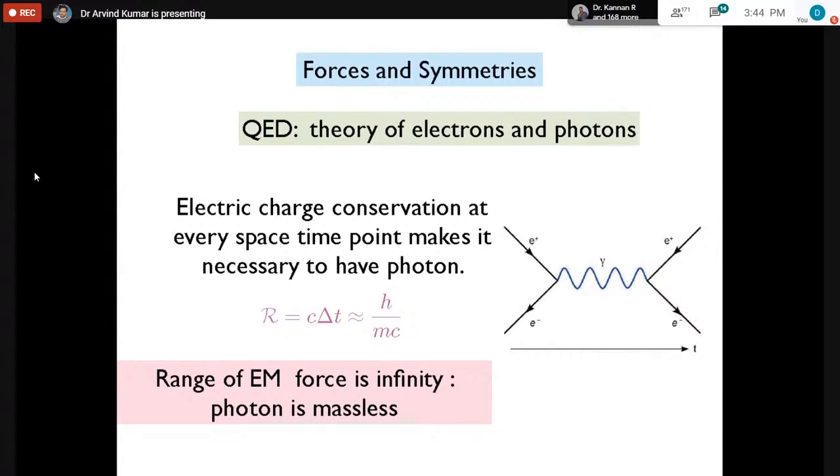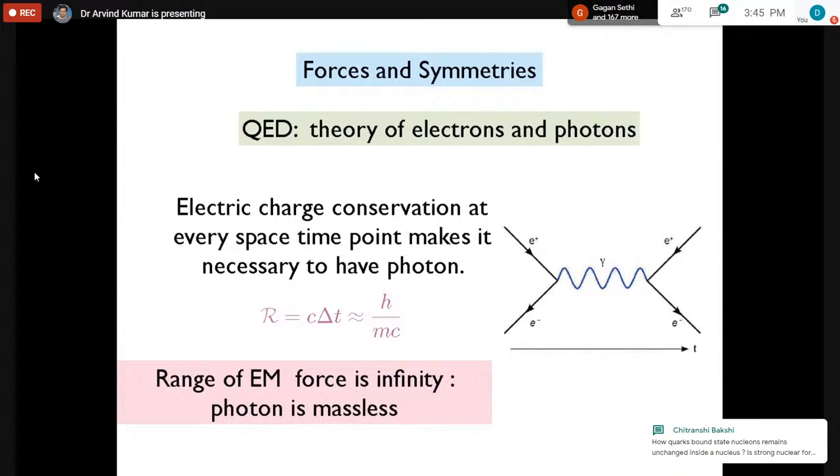Now, this Compton wavelength for a mediator will set the range of the force. For example, if the mediator is massless, the range of the force is infinity. So in the photon case, the photon is massless, and that's the reason the range of the force is infinity. It goes both ways.